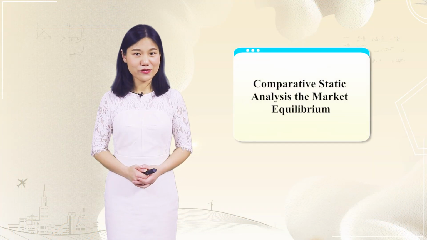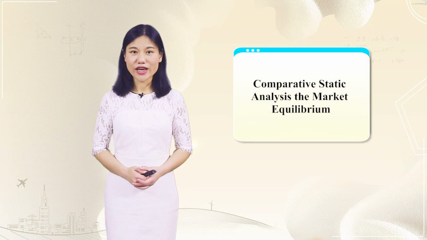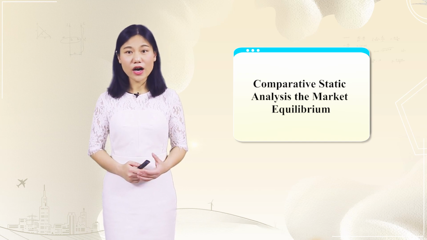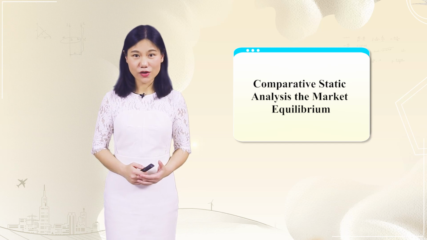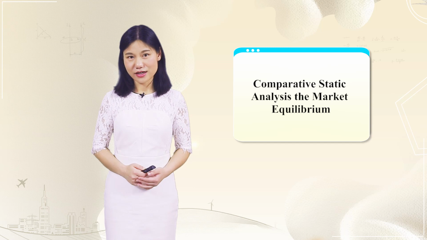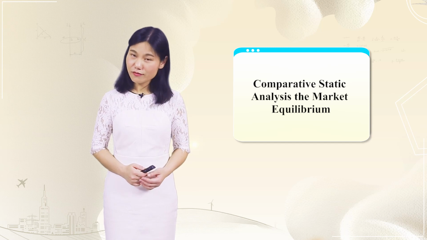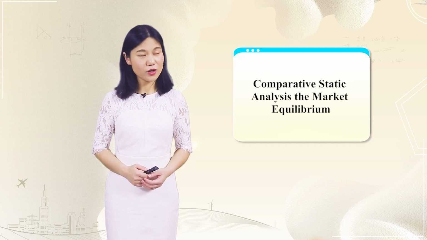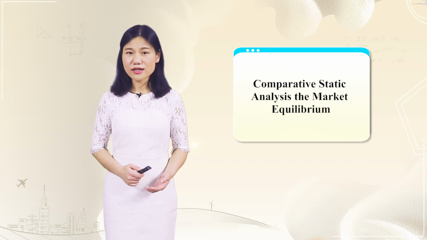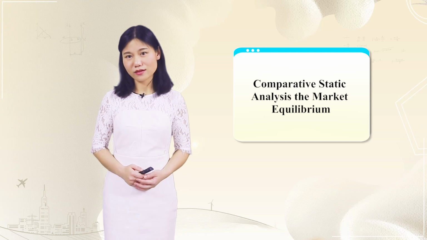Given a supply curve and a demand curve, we can find a market equilibrium. But we know a demand curve as well as a supply curve is determined by many factors, such as consumers' income, the prices of other commodities, consumers' preference, and the prices of input, and so on.